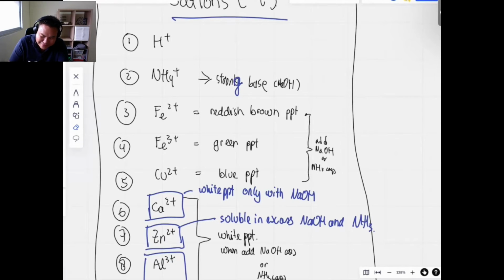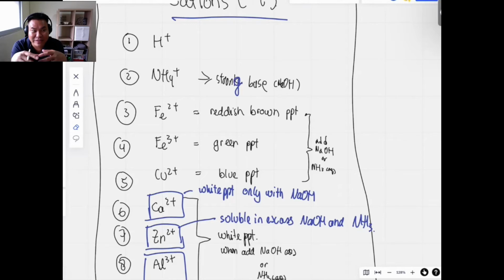Okay, this one, Fe2 plus. How to test? You add sodium hydroxide. You have a solution and you suspect that it contains Fe2 plus. To confirm that it contains Fe2 plus, you add sodium hydroxide, then you will get a reddish brown precipitate.